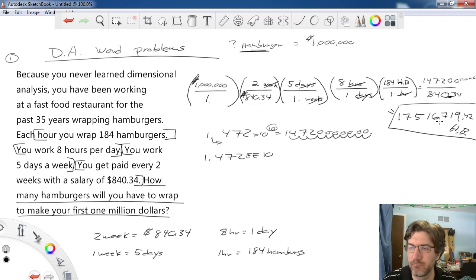Did you divide them? The 35 is actually a red herring. You don't need it. It doesn't matter how many. I mean, that's not what the question's asking. You can sit there and calculate, hey, how many hamburgers do I make in 35 years of working here? You can figure that out through all this information, but that's not what it asks. You can still do it dimensional analysis wise.